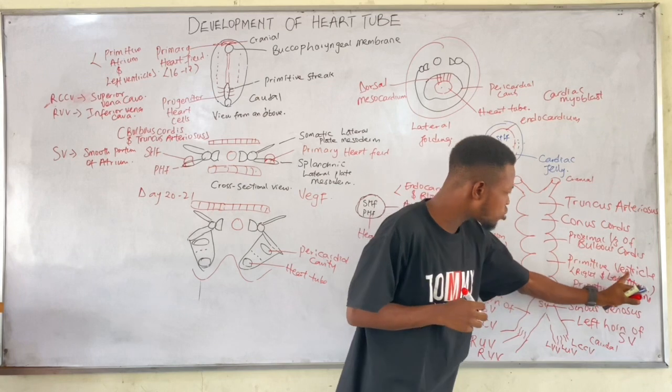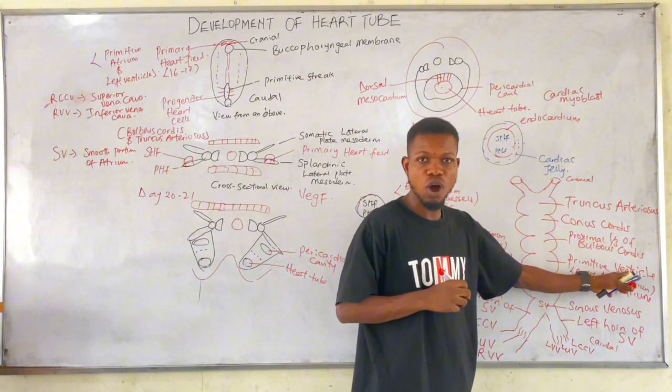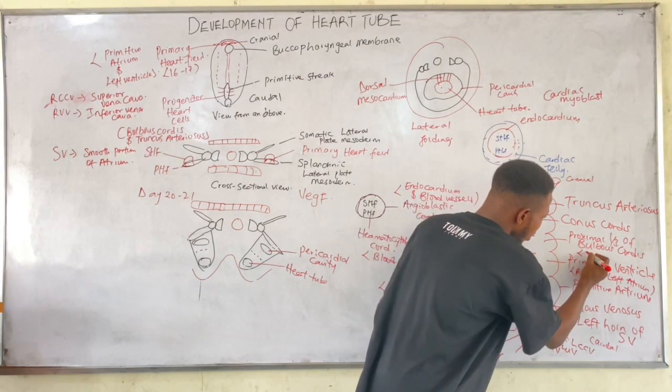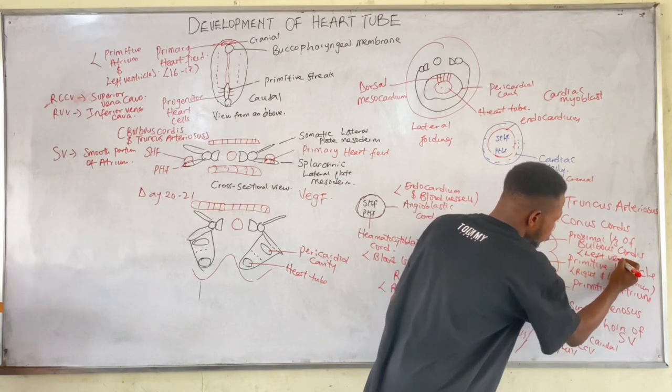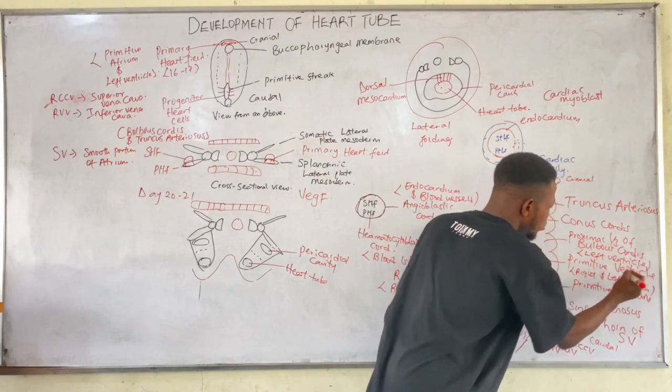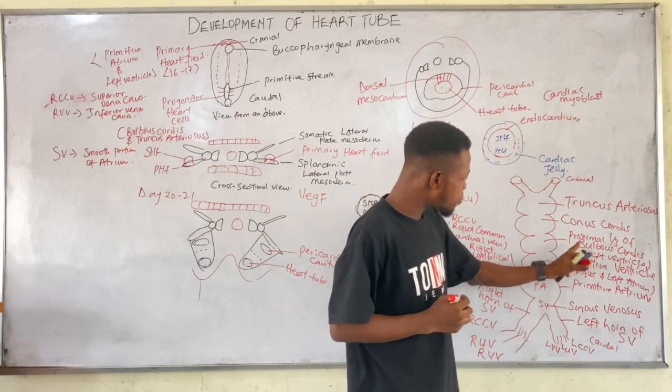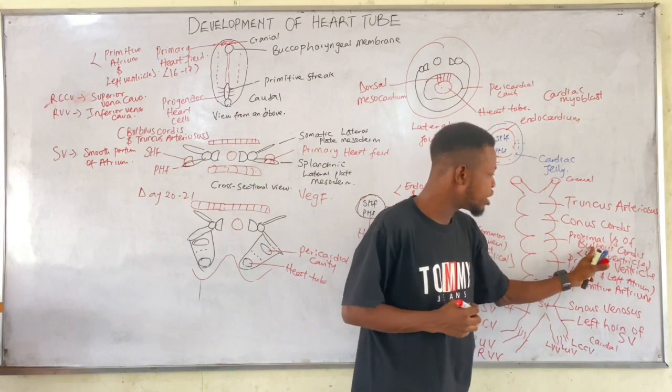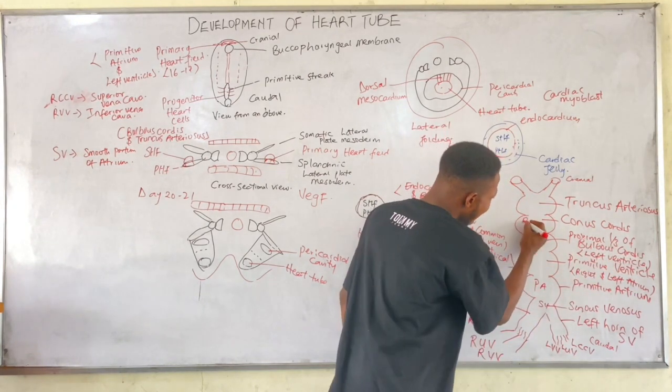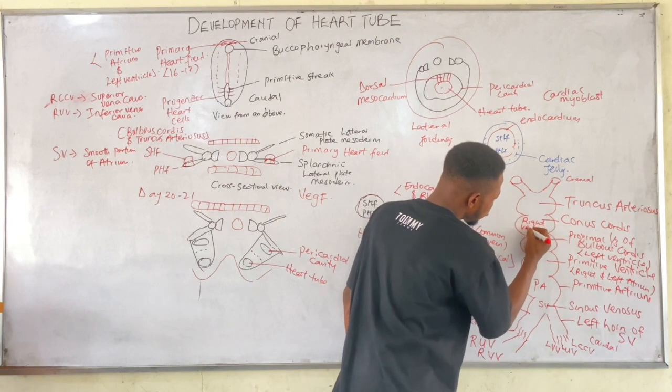Then the primitive ventricle is going to form the what? The left ventricle. Then the proximal 1/3 of the bulbus cordis is going to form the what? Right ventricle.